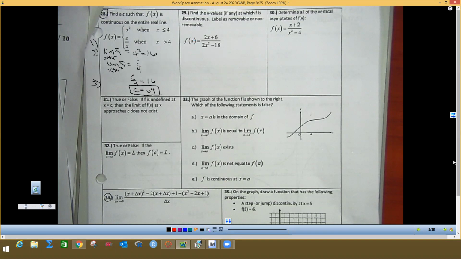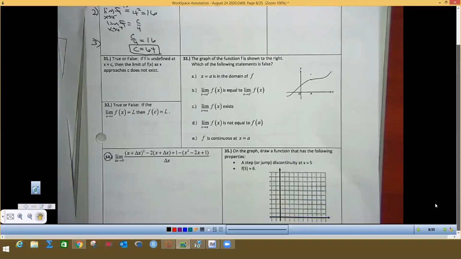Coming down here to number 34, you plug 0 in for the second term.